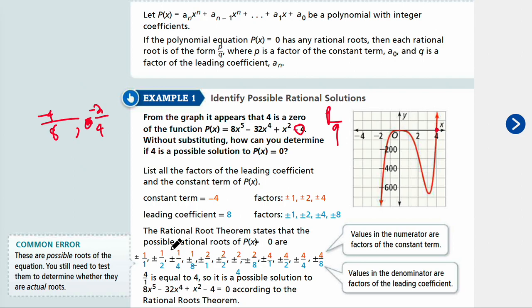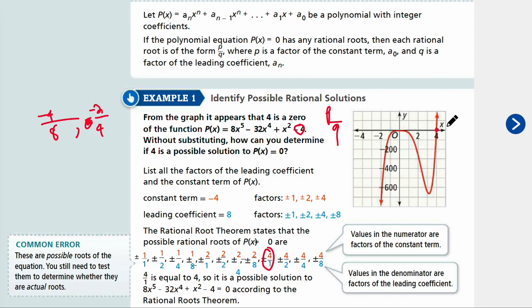So we can cancel out some of the repeated ones, and then we can see there are a few possible values. If you notice, 4, which is 4 over 1, is one of the possible values. So it is possible to have it as a 0.